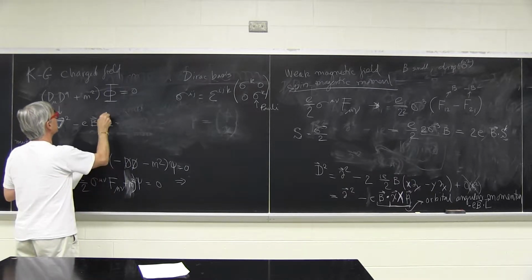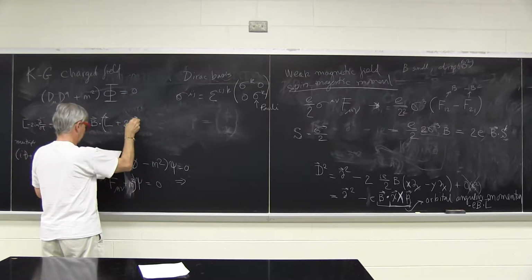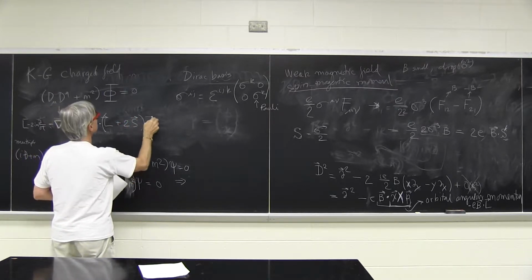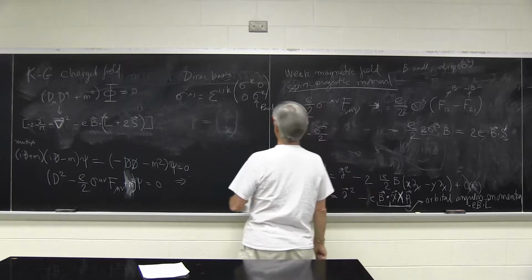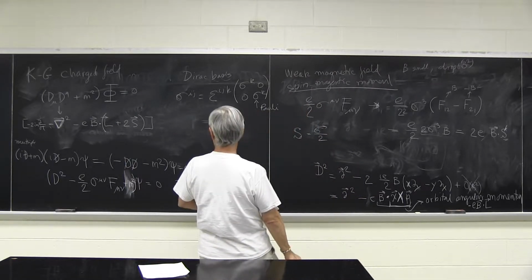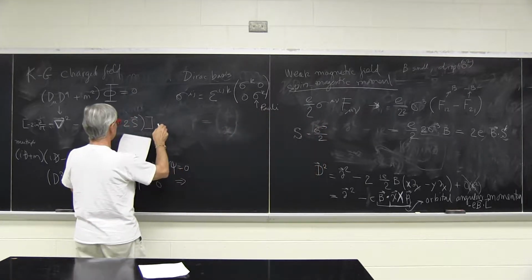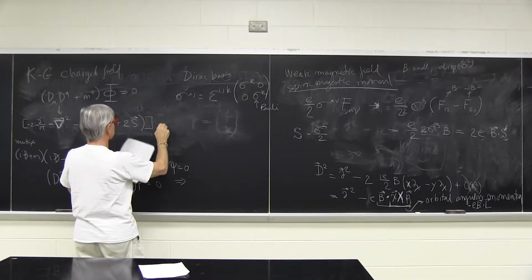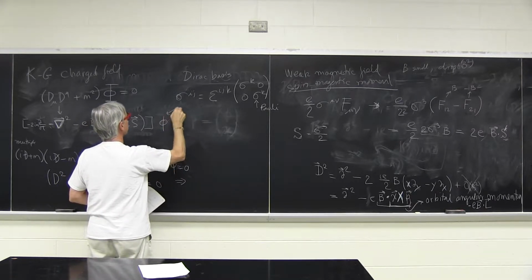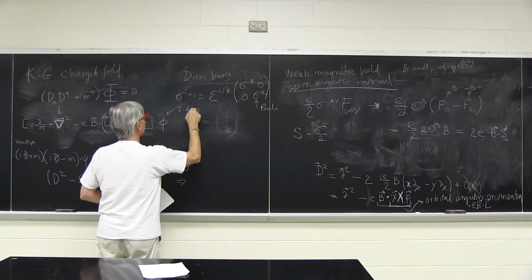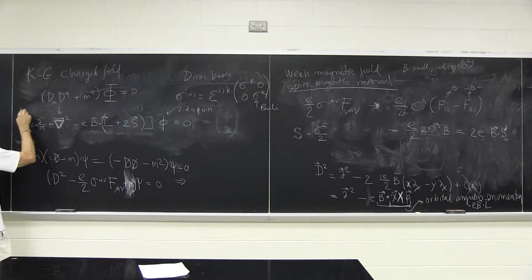Then there is this part, but then there is plus 2s, and that's acting on the, did I erase it again? Well, one of the 2 spinor fields, whatever it was. Phi. So this is a 2D spinor. So this is the non-relativistic limit.